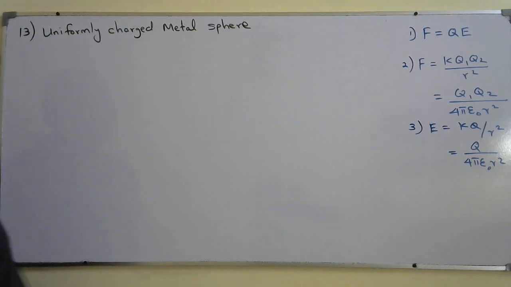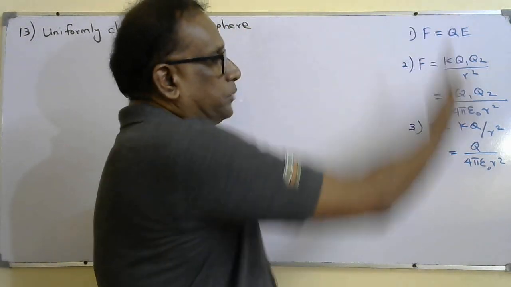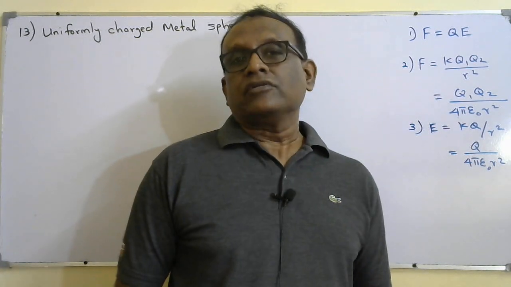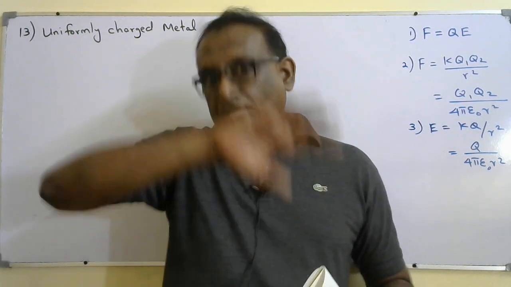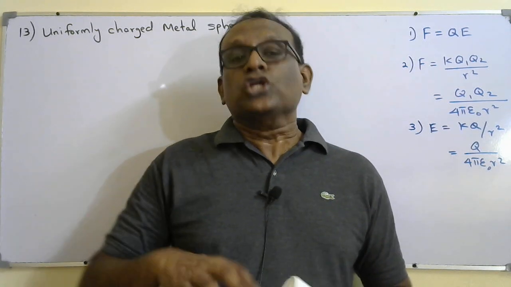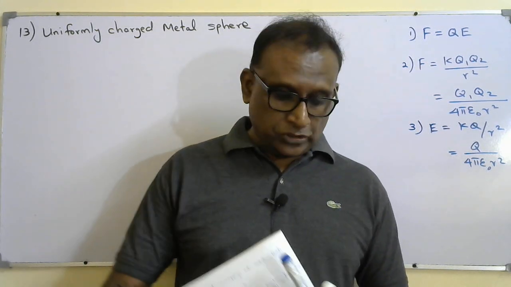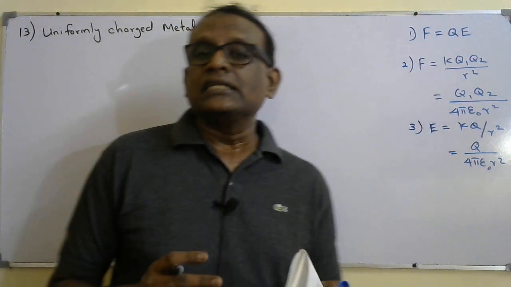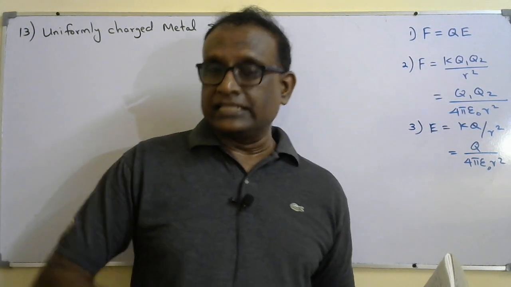Okay, so far we came across point charges. This equation could be used only for point charges. But when we have a metal sphere, that is a conductor, if it carries a uniform distribution of charge on its surface, when you charge a metal, the charges will stay only on the surface, not inside the metal.